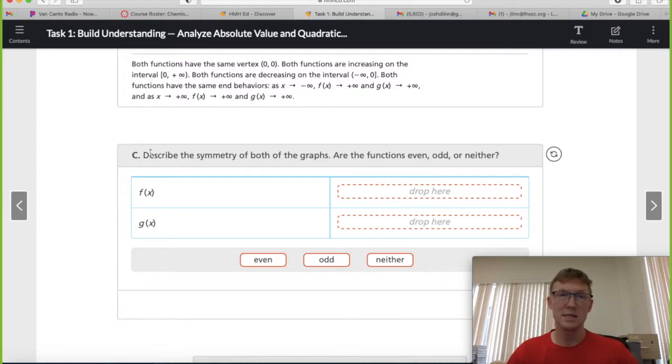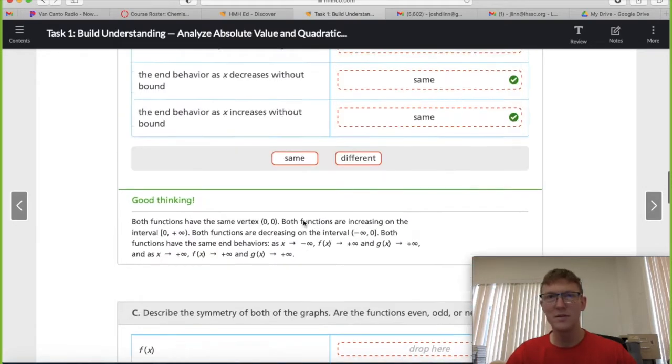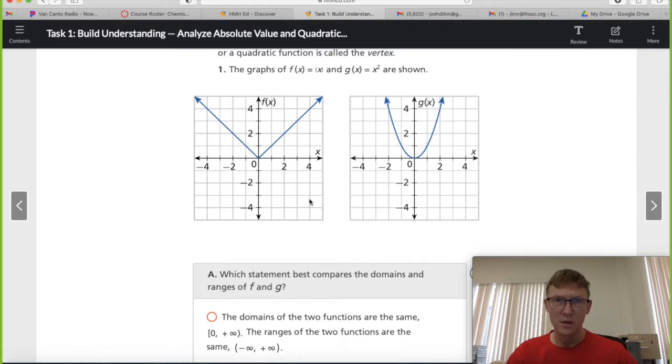Does the symmetry of both of the graphs describe the symmetry of both of the graphs? So if you remember, which I certainly don't, the definition of even is something along the lines of, let's write it.